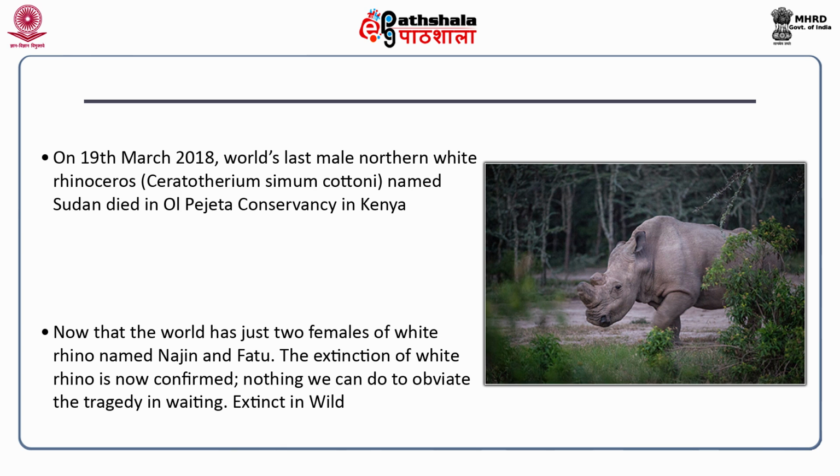So, the extinction of the white rhino is now confirmed. Nothing we can do to obviate the tragedy in waiting. So, it's extinct in the wild. We have only 2 females. Of course, regeneration from these 2 females is next to impossible unless we do some in vitro fertilization as well as cloning.